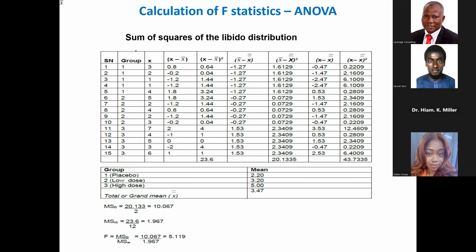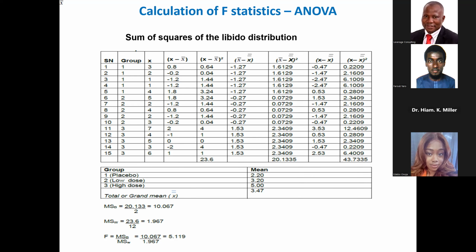That grand mean, which is the total mean for all of them, if you remove it from each of the three means, it will give you x bar minus double bar x. So look at it now. Look at that, minus 1.27.